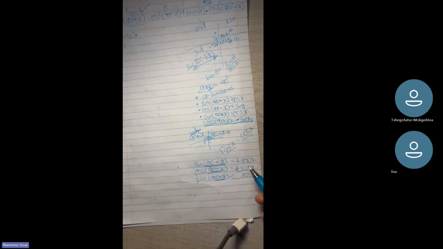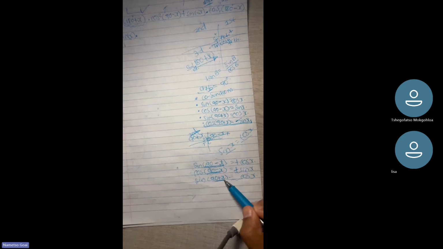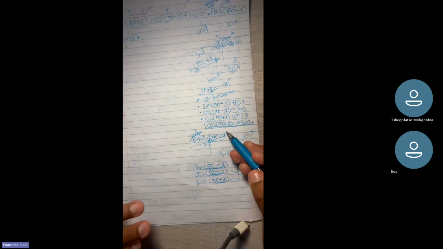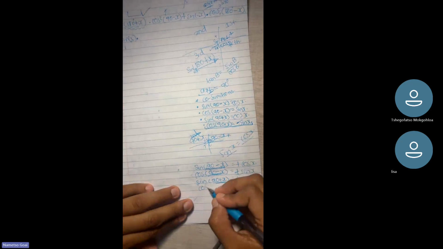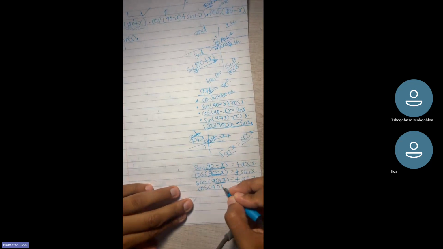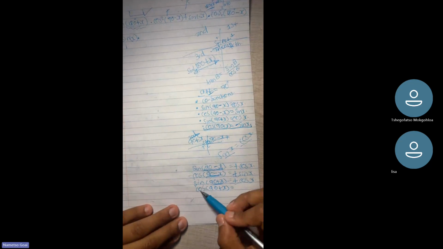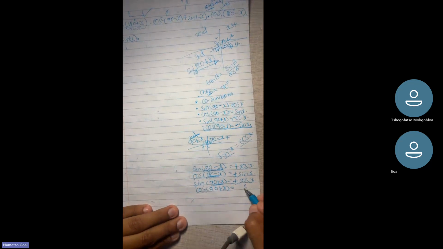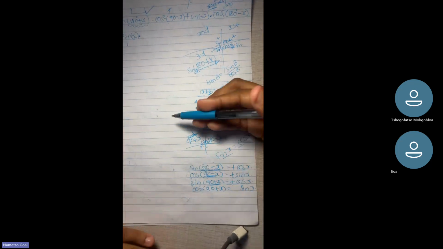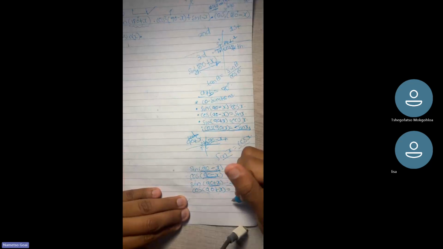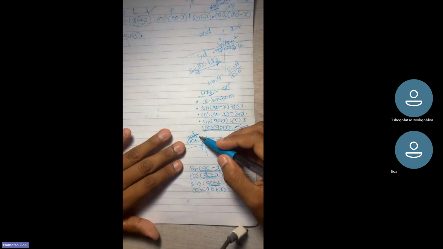As I was saying, when you go to the 90 plus x quadrant, sine is positive over here, so you're going to have a positive. Now we come to cos of 90 plus x. We already know the co-function of cos is sine x. But now we have to look at the behavior of cos at the 90 plus x quadrant, which is the second quadrant.